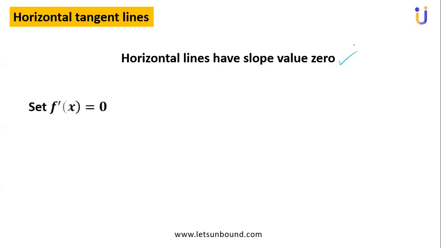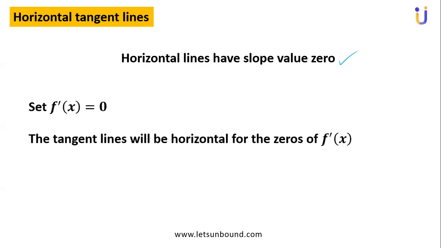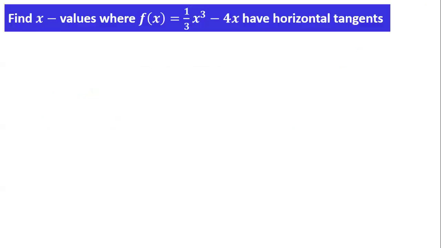This is enough. And to find that, you find f dash of x and set f dash of x to 0. So the tangent lines will be horizontal at the zeros. When you solve for x, you will get some x values, right? At those x values, if you draw the tangent, it will be horizontal lines.